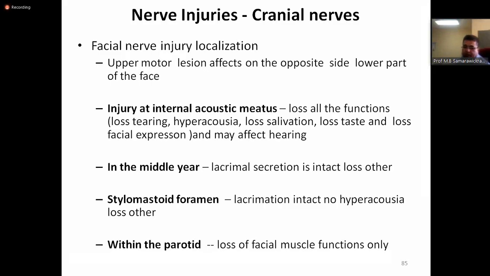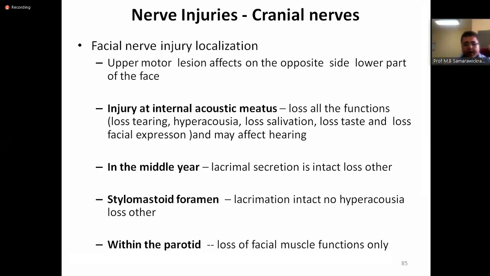So lacrimation is intact and stapedius muscle is already supplied, so no hyperacusis, but all the other functions are lost. Secretomotor to the saliva, so salivation lost, and facial expression also lost.